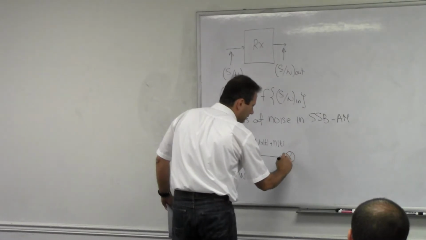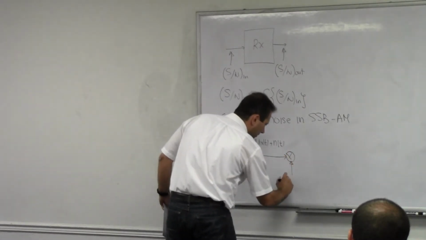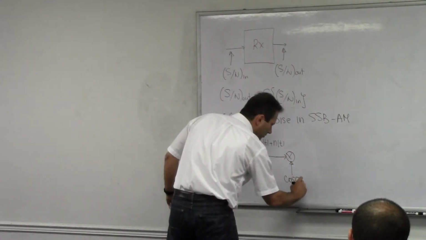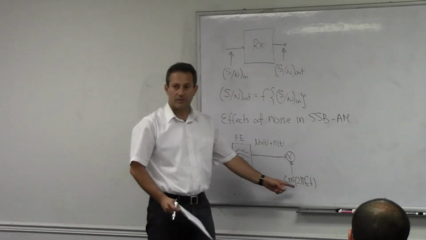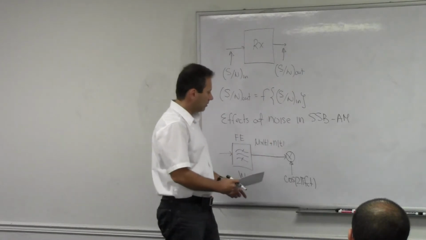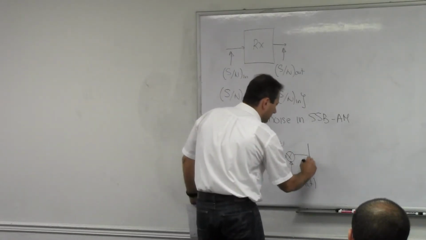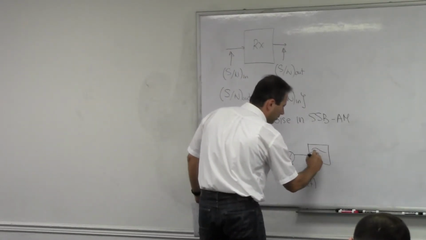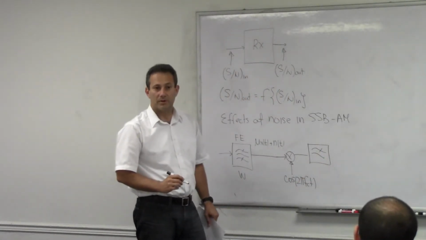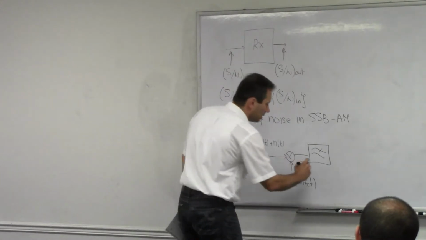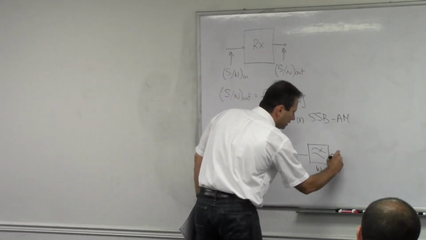Then I perform demodulation by multiplying this by cosine 2πf_c t, where f_c is the carrier frequency. This is how I bring all of these signals to the baseband, and then I'm going to filter everything with a low-pass filter. What's the bandwidth of this filter? W as well. It's 0 to W. This is the filter that lets my signal go through.